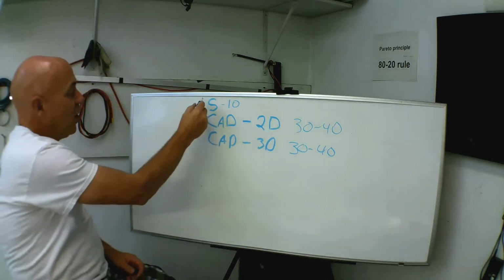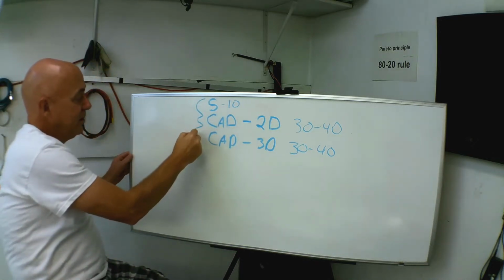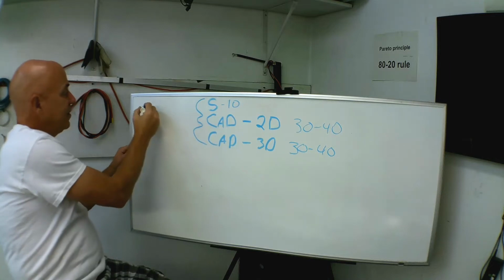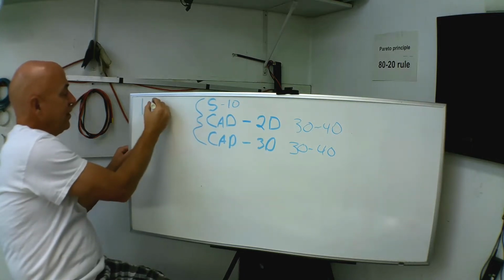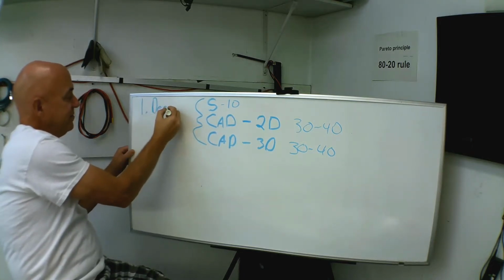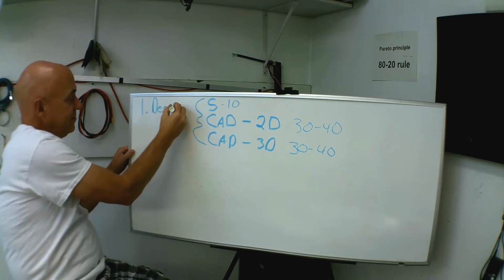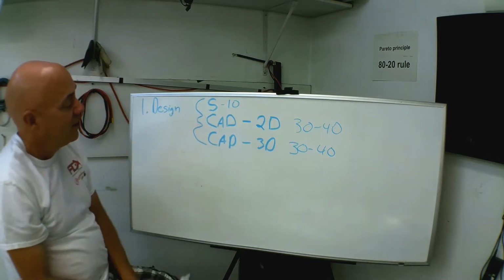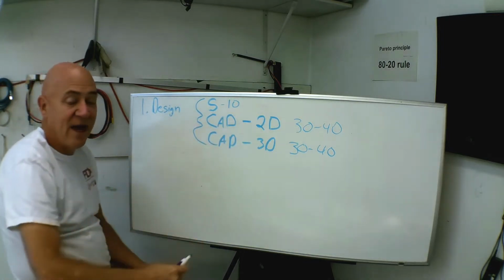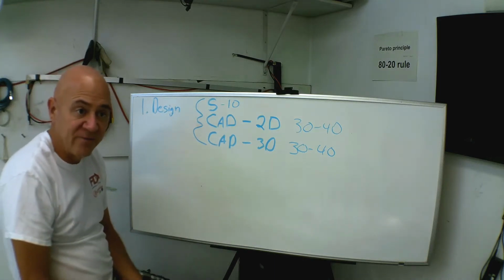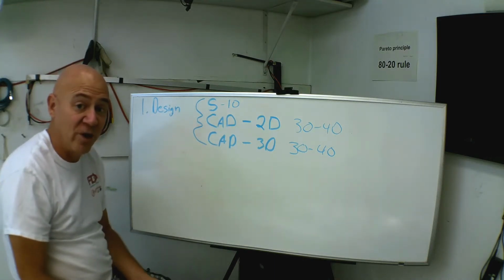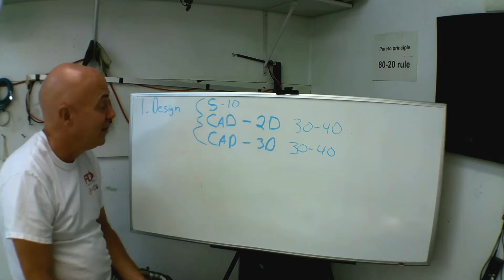So let's say all of this here is considered, let's put a number 1 here and call it design. Okay? So all of this is in the design phase of my aircraft or my widget or whatever I'm trying to create.